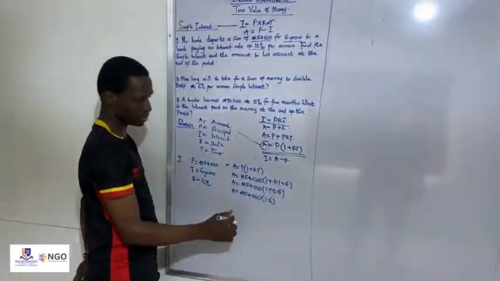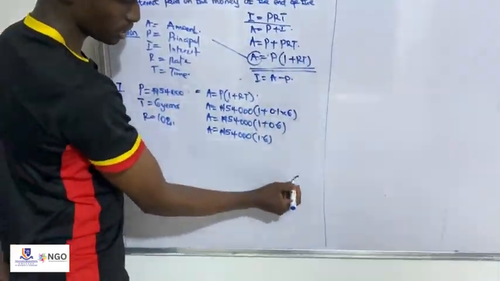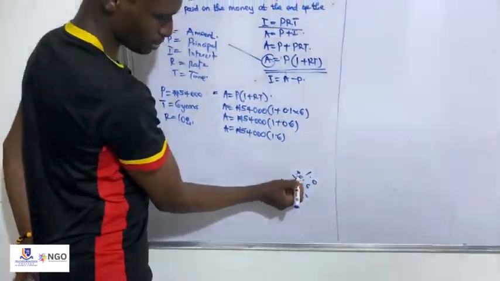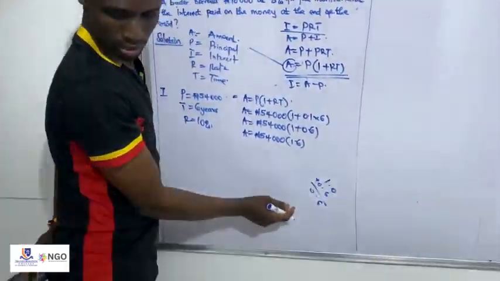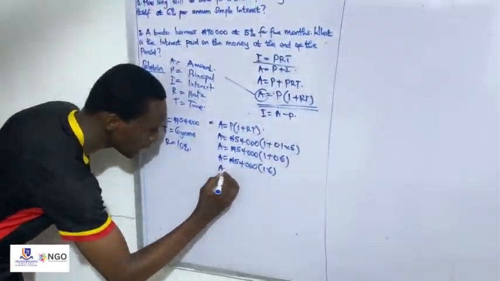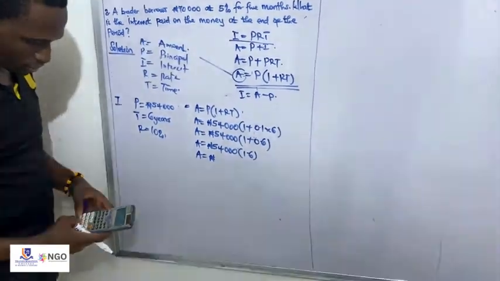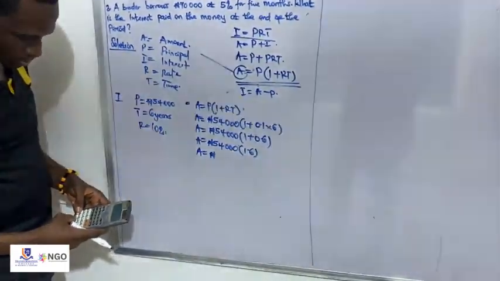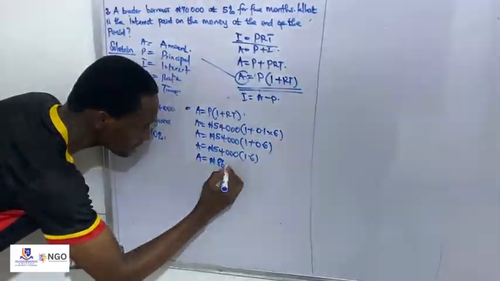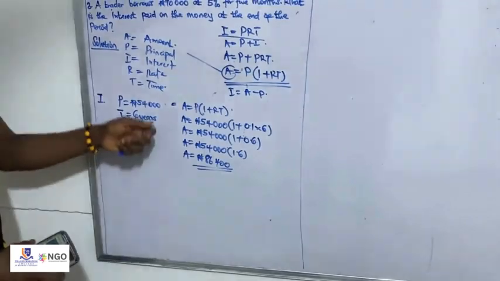How did I get 1.6? 1 plus 0.6. So my A, which is my amount, will be calculated as 54,000 times 1.6. That is 86,400 naira.